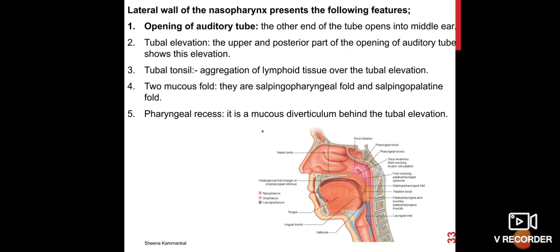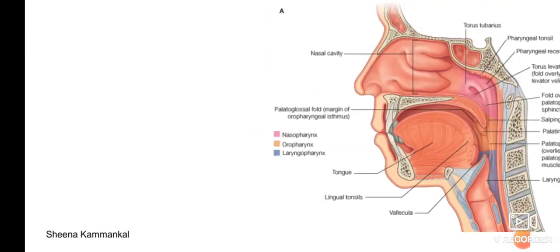So here the tube is auditory tube, and the fold which is extending from the auditory tube till the soft palate is the salpingo-palatine fold, and from the tube, the fold which is extending into the pharyngeal wall is the salpingo-pharyngeal fold.